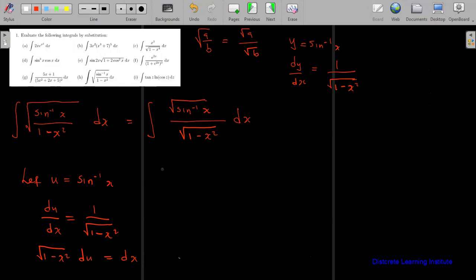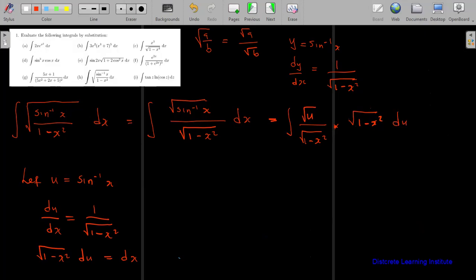Let's go ahead and replace in our integral. The sine inverse of x is u, so you have the square root of u, over 1 minus x squared, times dx, which is the square root of 1 minus x squared du.